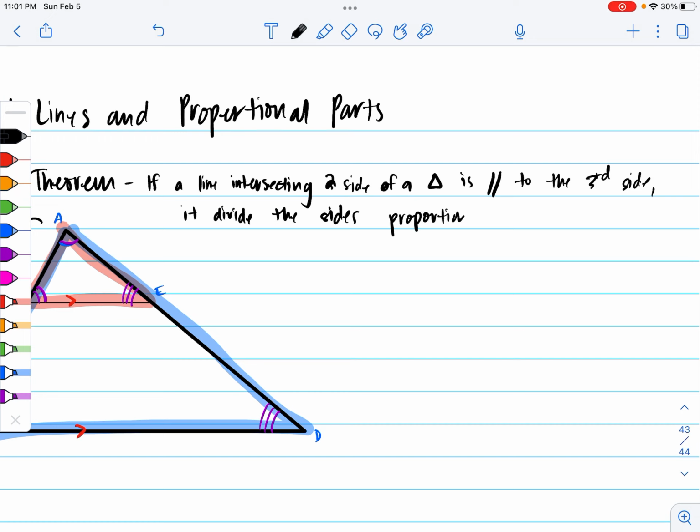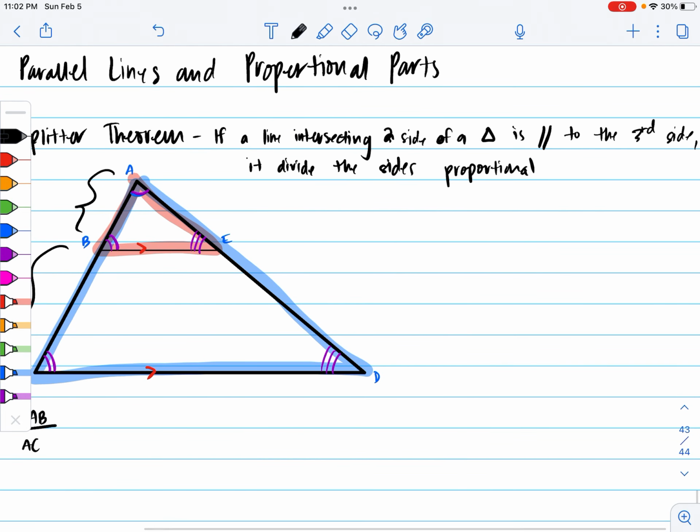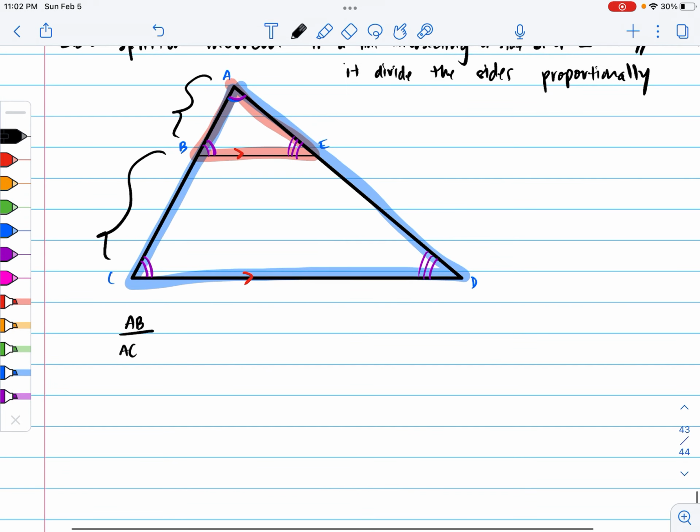And that's exactly what I showed you two seconds ago. It divides the sides proportionally.